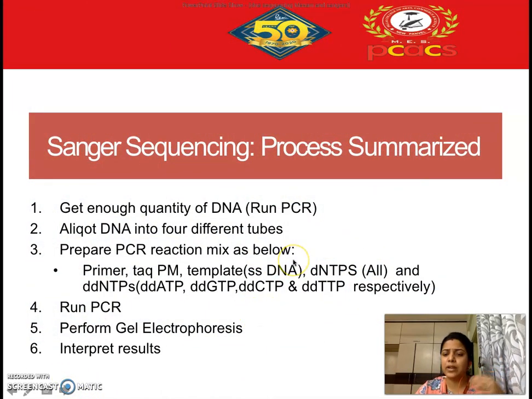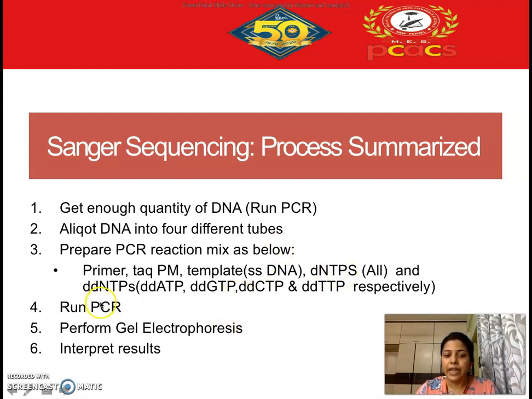Okay, let us quickly summarize the entire thing. First we have to get a good amount of DNA to start with the amplification, or your PCR. Then the DNA you need to sequence has to be allocated in 4 different tubes or Eppendorfs. In that you have to add the PCR mixture. The PCR mixture which is going to be common is primer, Taq polymerase, template, and all the dNTPs, which will remain in all the 4 Eppendorfs.